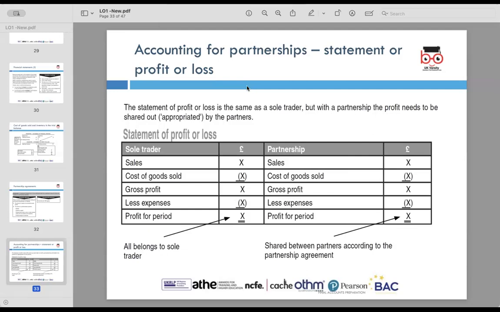But in partnership, the considerations are sales and cost of goods sold, gross profit, less expenses, profit appropriations. So the important difference lies in profit appropriation, where the partnership's profit is allocated among partners according to the terms of the partnership agreement. For a sole trader, the entire profit belongs to the sole trader.